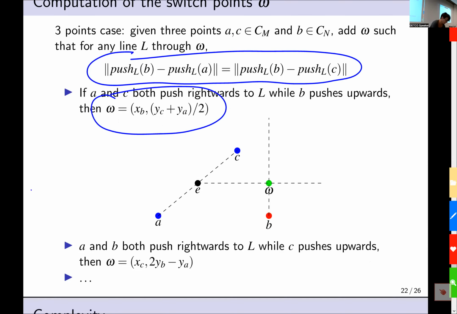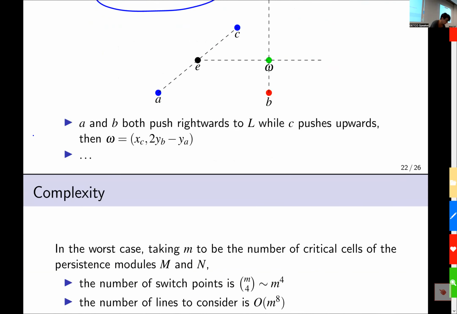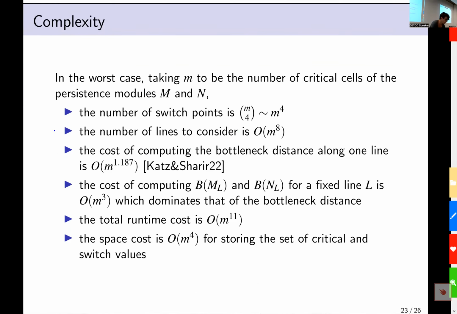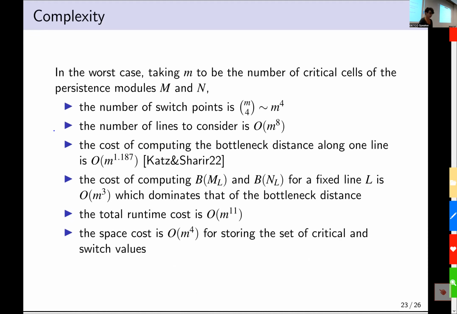So in conclusion, if one wants to compute the matching distance using this method, one has to choose all possible triples of critical points and the quadruples of critical points to compute the omega points.